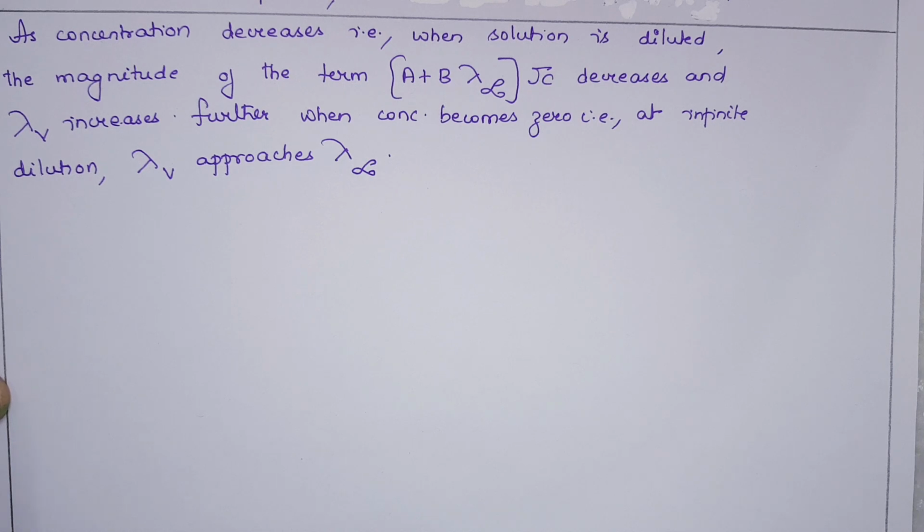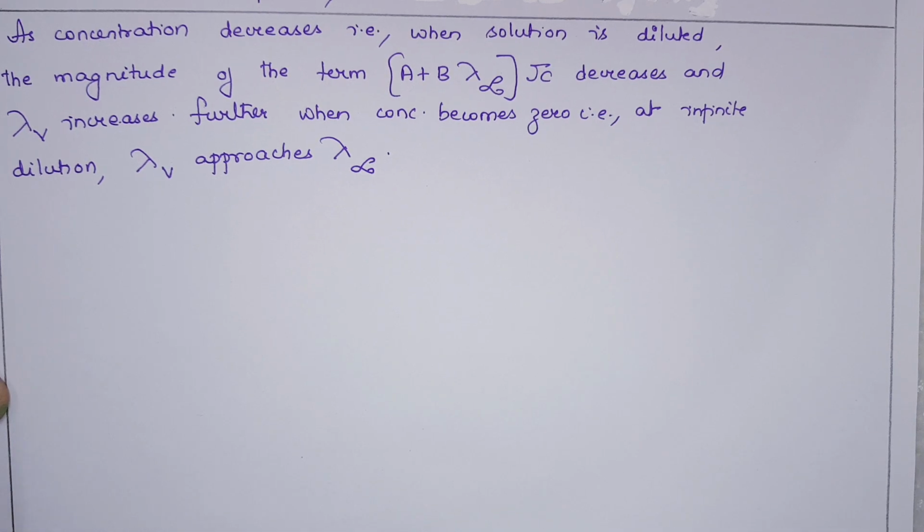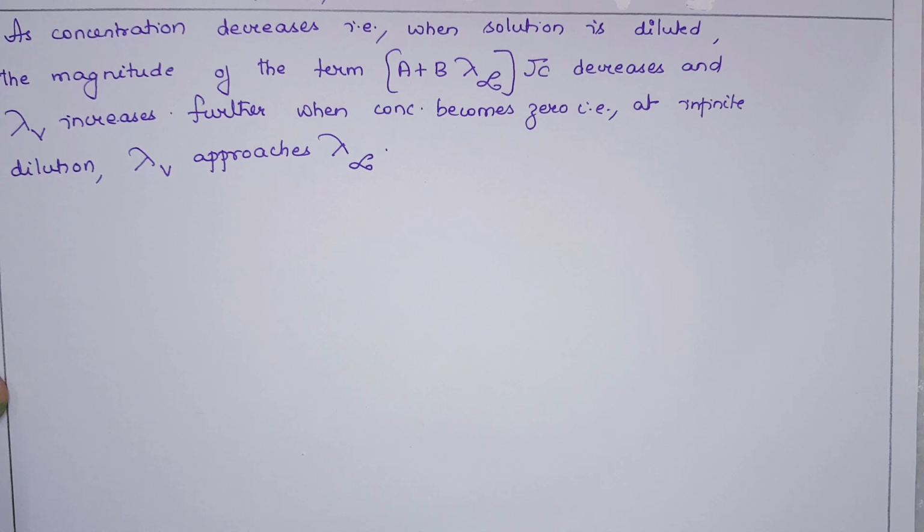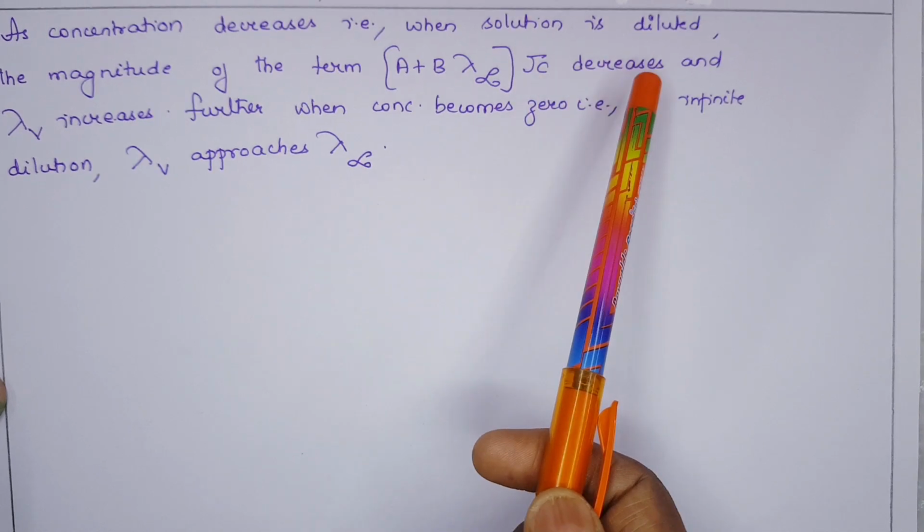What to write in the conclusion, students? As concentration decreases, which means when the solution is being diluted, the magnitude of the term (A + B lambda infinity) into root C decreases.